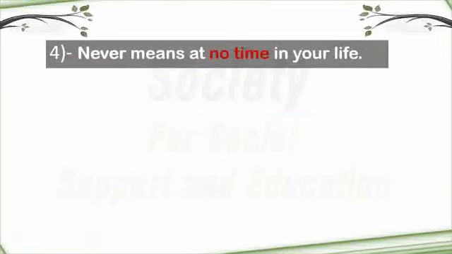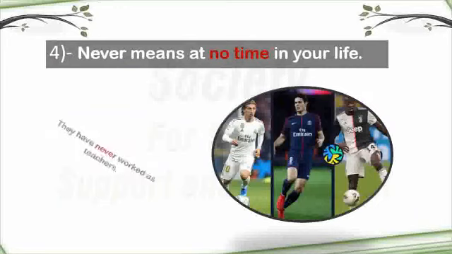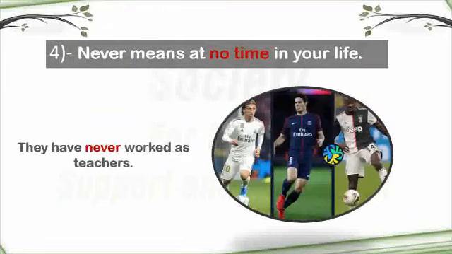Now let's identify the meaning of never. Never means at no time in your life. So let's see the examples first. Look at these 3 players. These are professional soccer players. Okay? They have never worked as teachers. These persons are players, right? They are not teachers. So never, never.